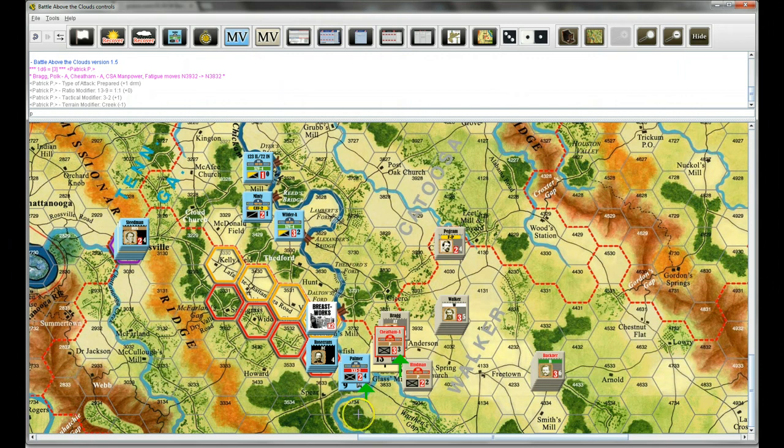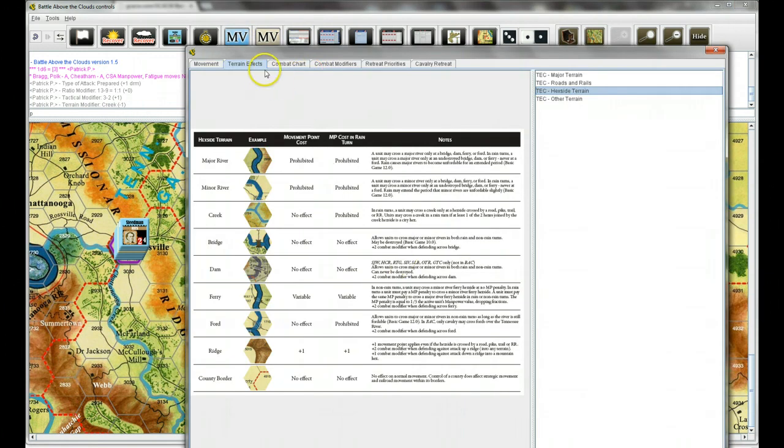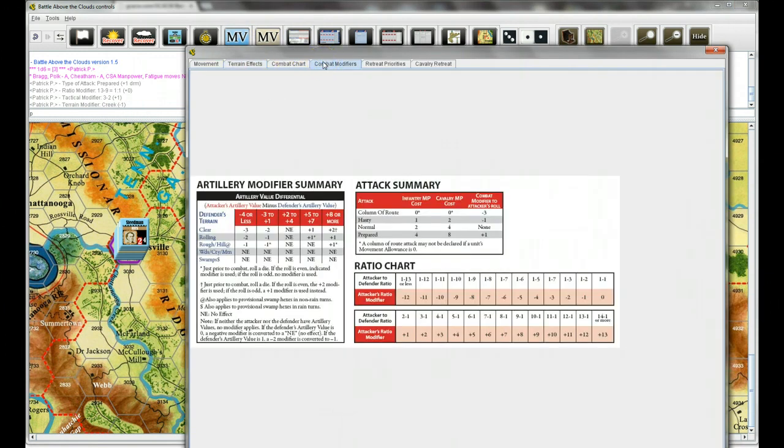Pulling our chart back up, in our combat modifiers there's an entire little sub-menu related to artillery. Essentially all you're looking at on this chart is a comparison of the difference between the attacker and defender, which is the common theme throughout all of our calculations.